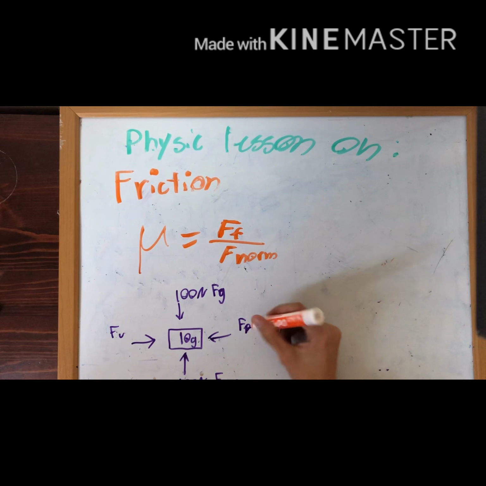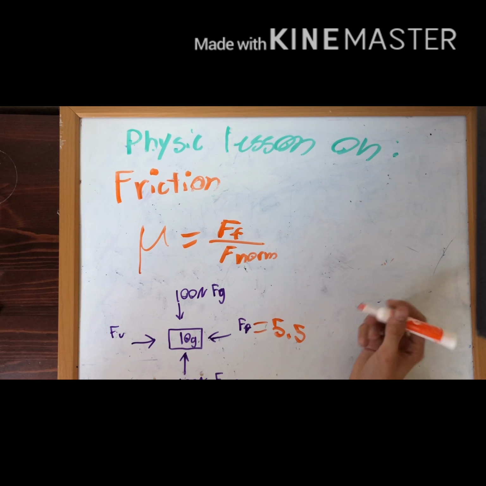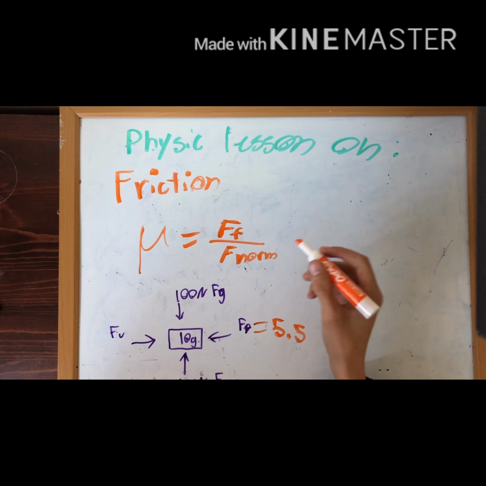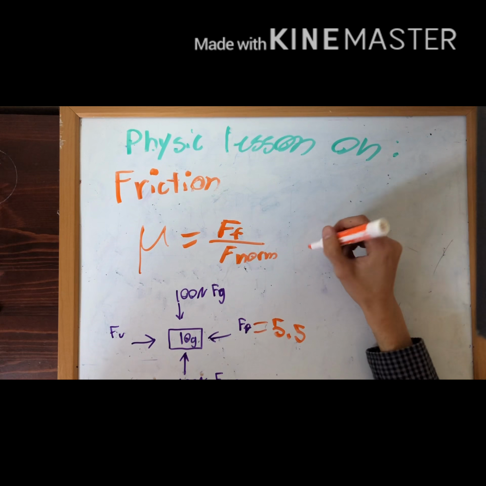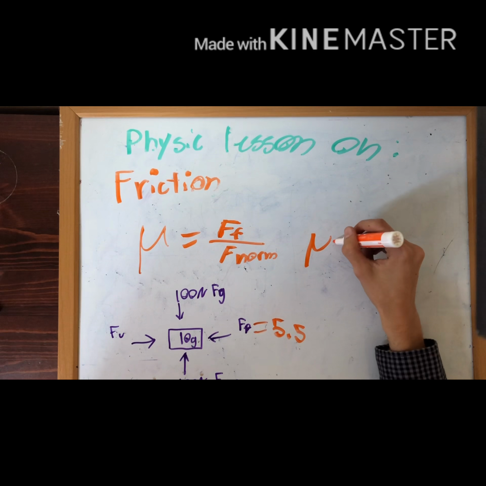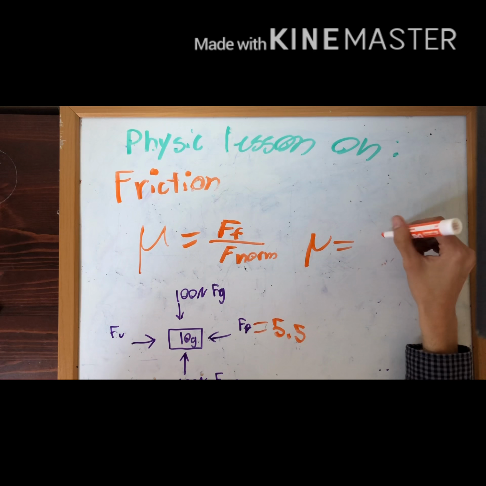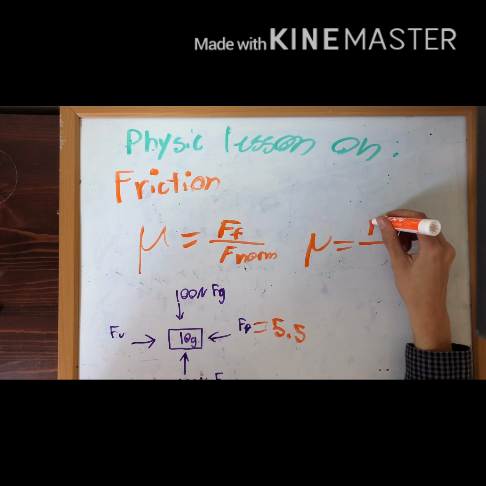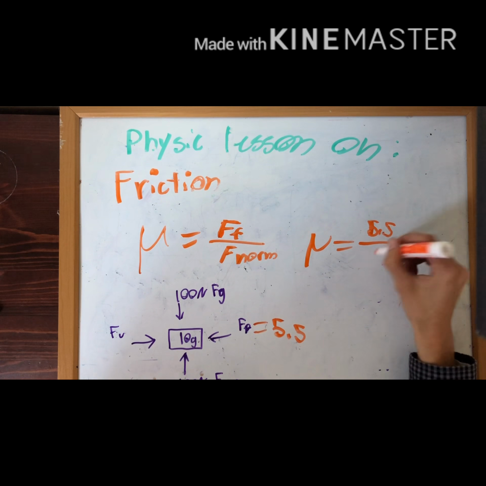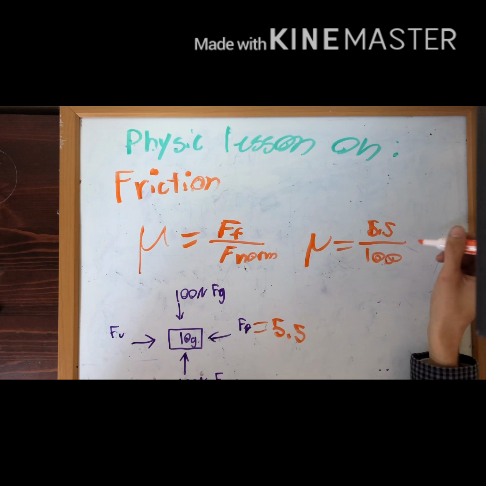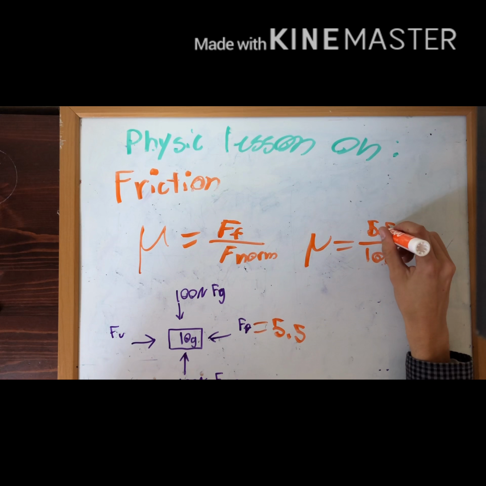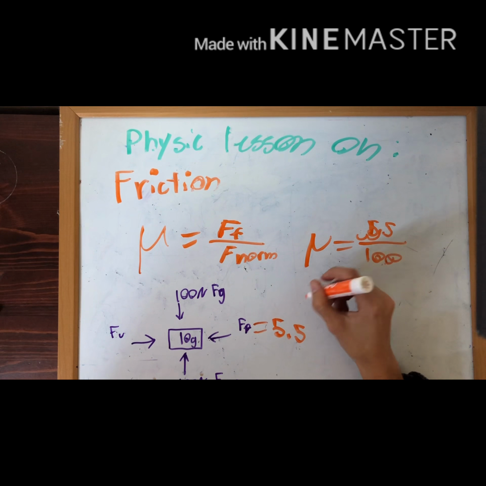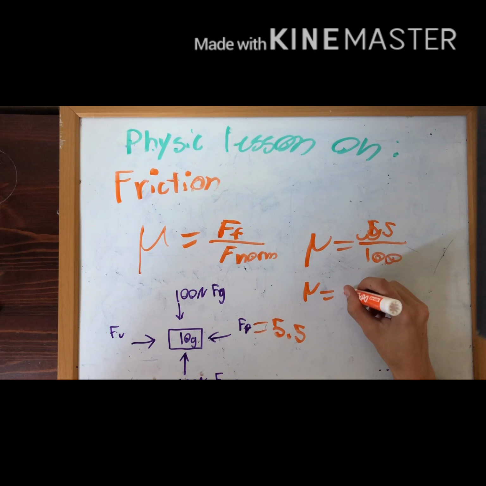Let's say the force of friction equals 5.5. To find the coefficient of friction, we just plug it into our equation. That's 5.5 over 100. This one's pretty simple to do in your head. You just move the decimal point two places over, and the coefficient of friction equals 0.055.